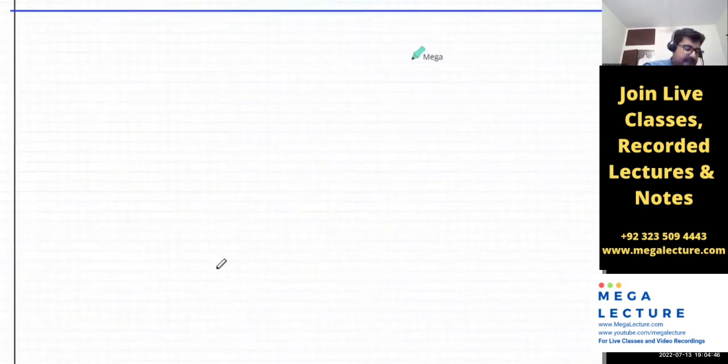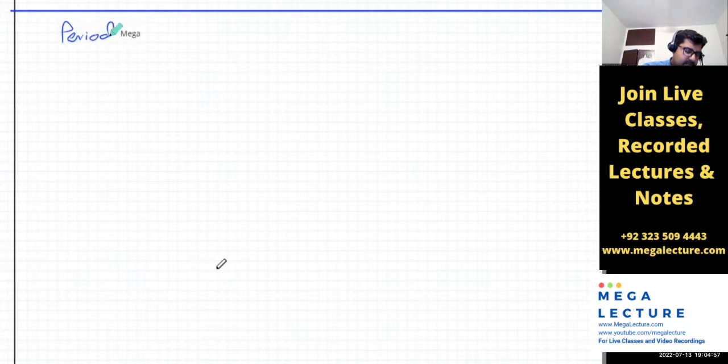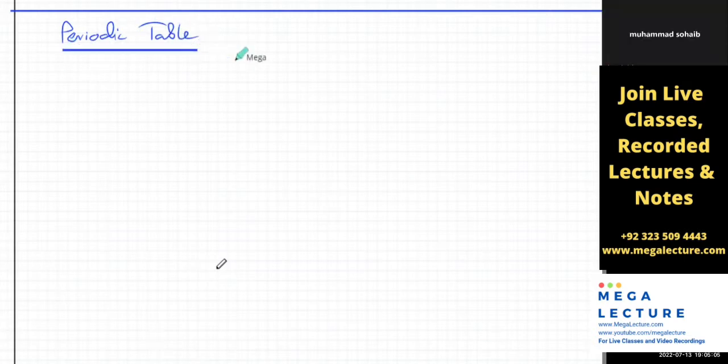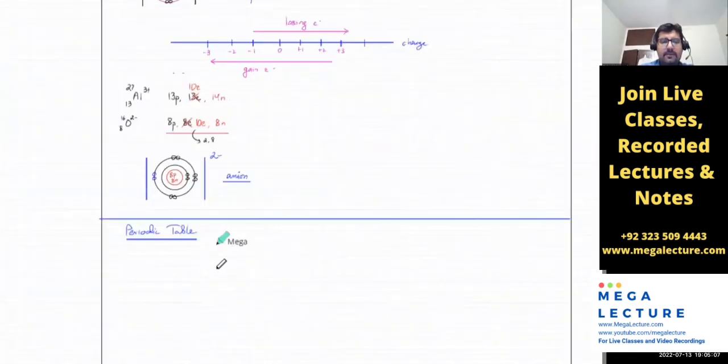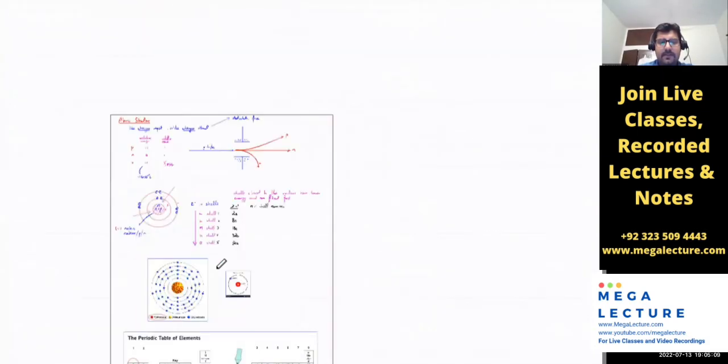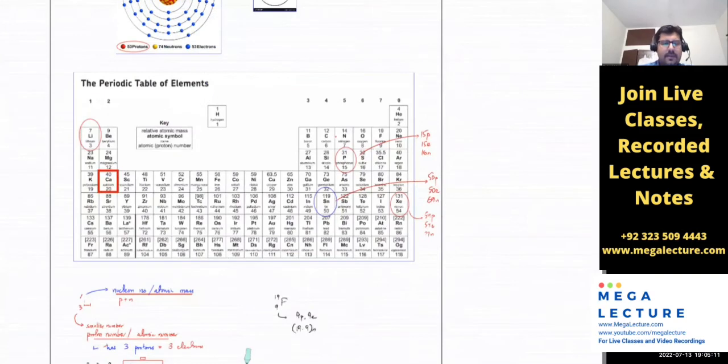We have to be more direct. So I'm going to link the electronic configurations with the periodic table. There was a picture of a periodic table somewhere, just like in this one. So let's take this image.